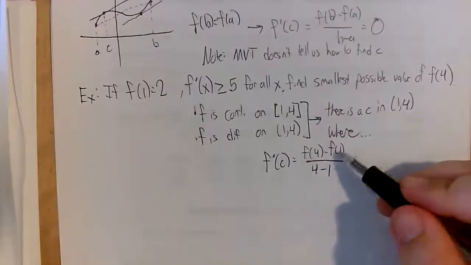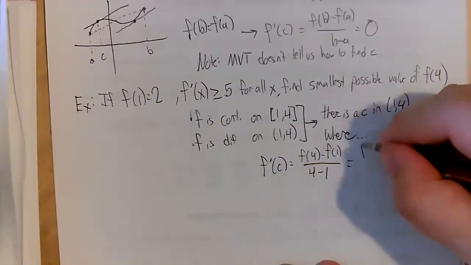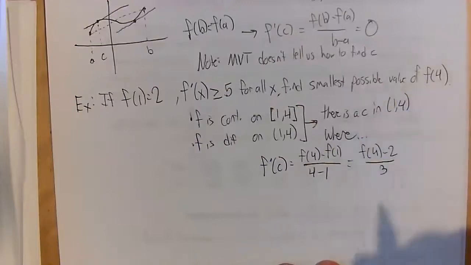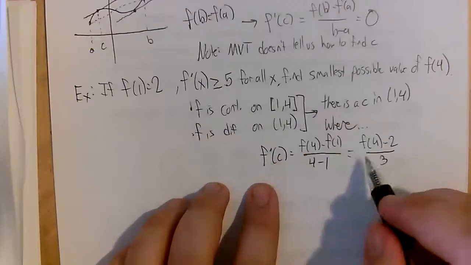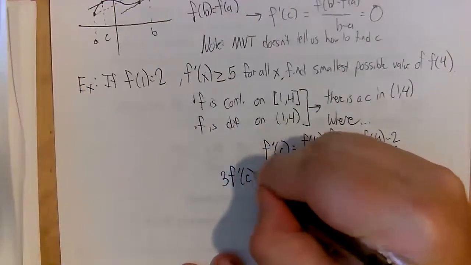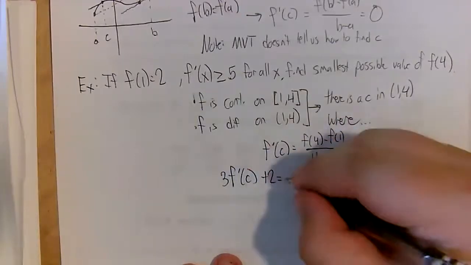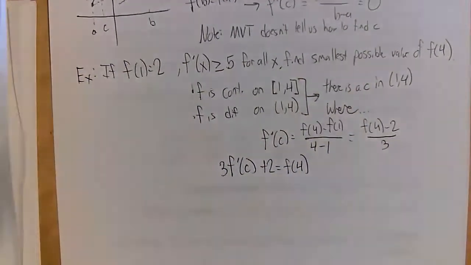We know what f of 1 is, that's going to be 2, and we can obviously do 4 minus 1. So this is really f of 4 minus 2 over 3. Now what I'm going to do is multiply the 3 over here and then add 2. So this gives us that 3 times f prime of c plus 2 has to be what f of 4 is.